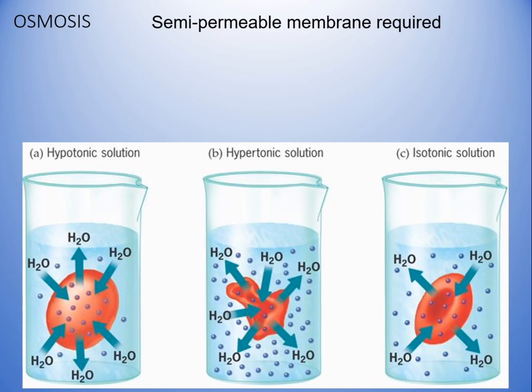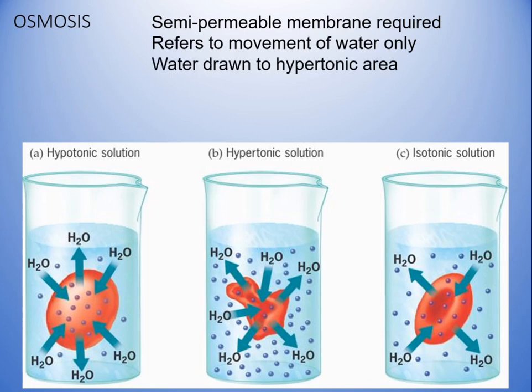So talking about the orange that someone might open up in class, the scent diffuses through the classroom, that doesn't have a membrane. That is not osmosis. That is also not osmosis because osmosis only refers to the movement of water. Only water. If you want to talk about the movement of glucose, of salt, no. Only the movement of water.